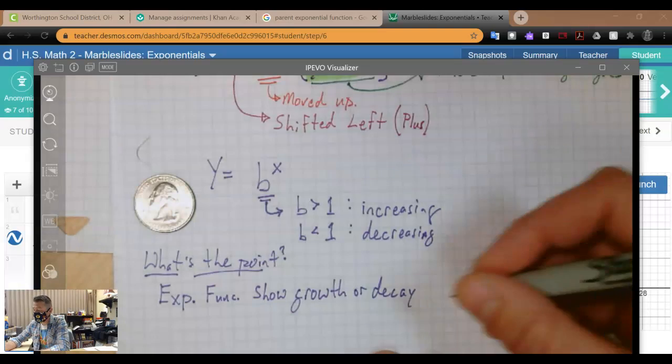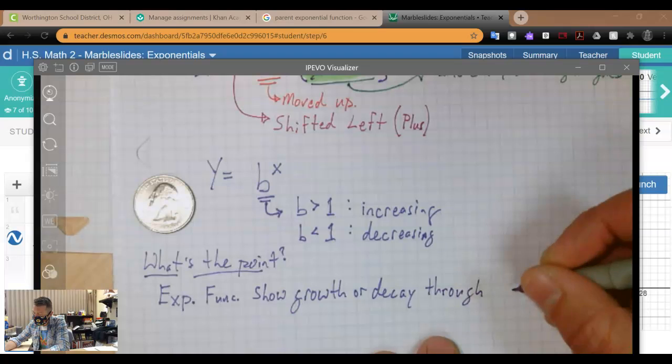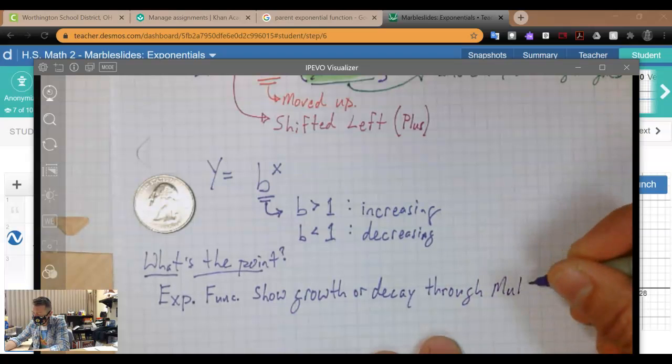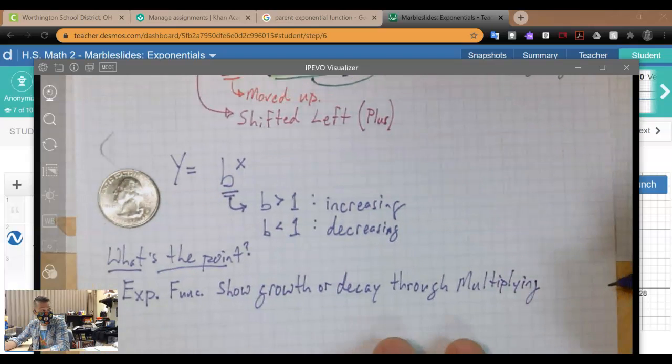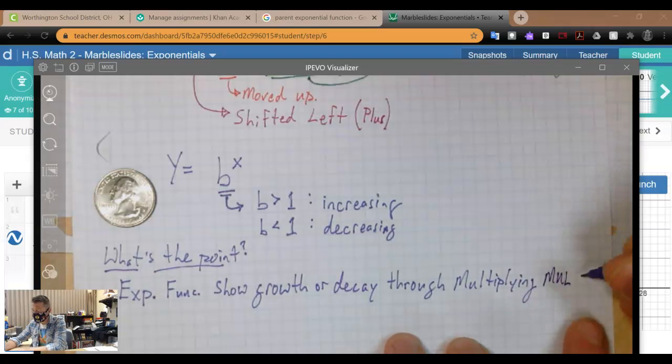Show growth or decay through multiplying. But not just multiplying, multiplying multiple times.